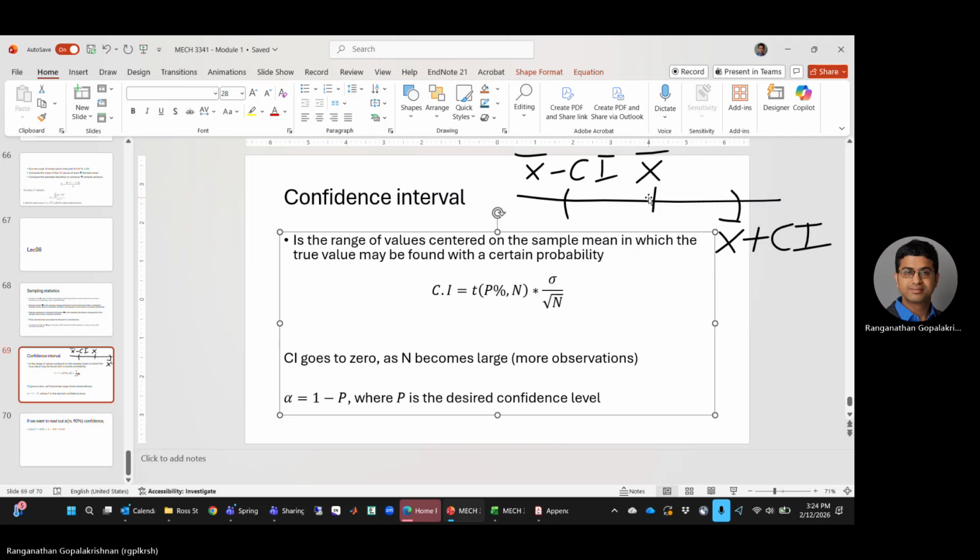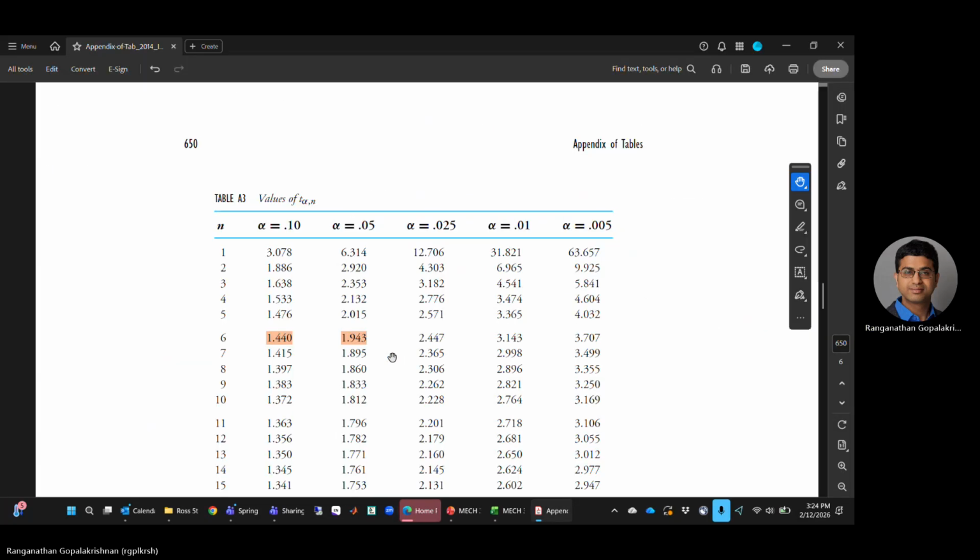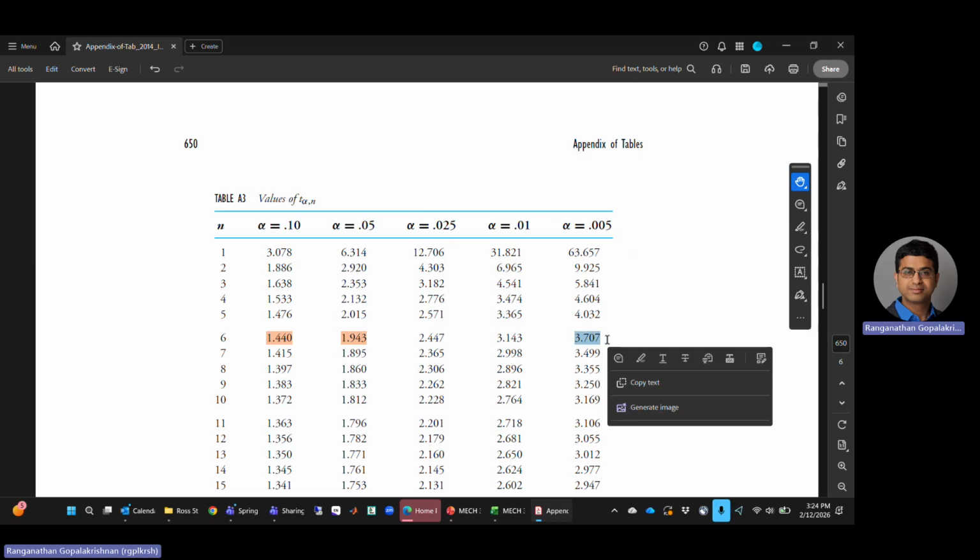Okay. The main thing you have to understand intuitively is if you want more confidence, your range keeps getting elongated. If you want 99.5% confidence, you have to multiply by 3.7 as opposed to 1.4. That's nearly more than 2 times.